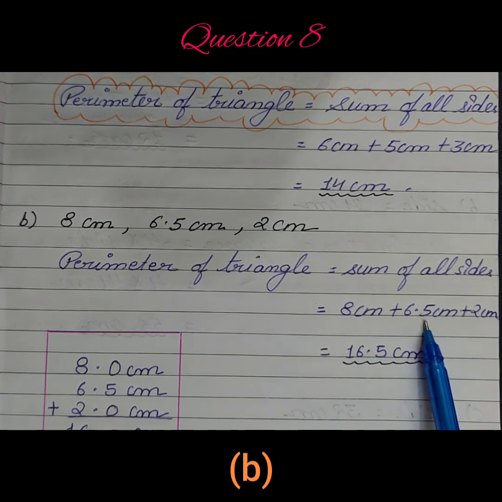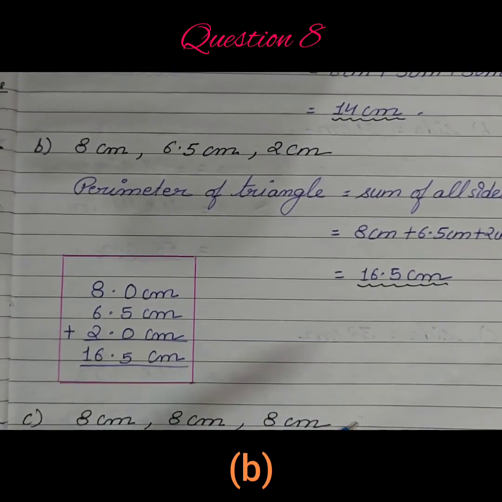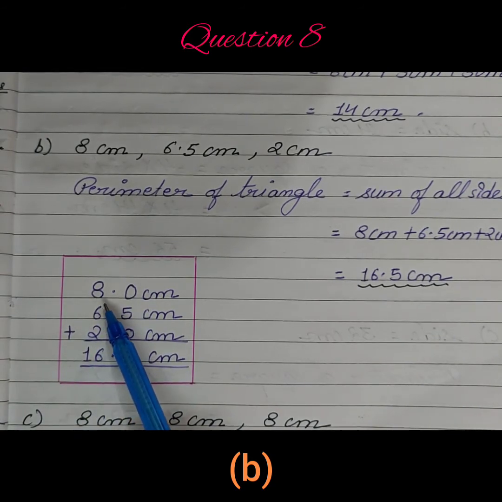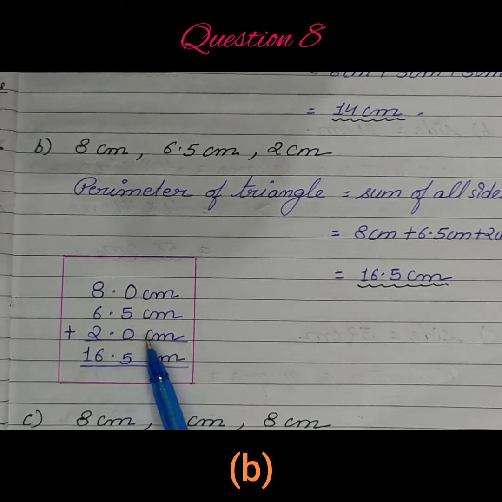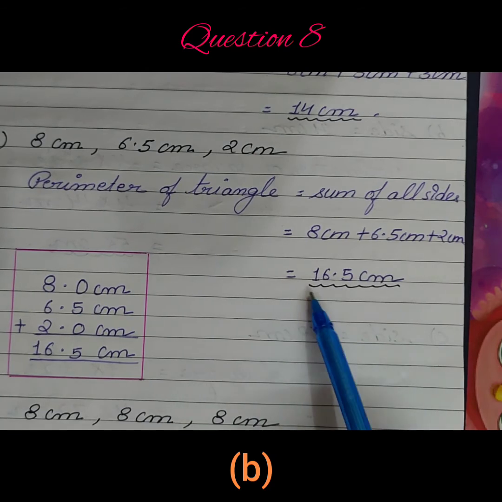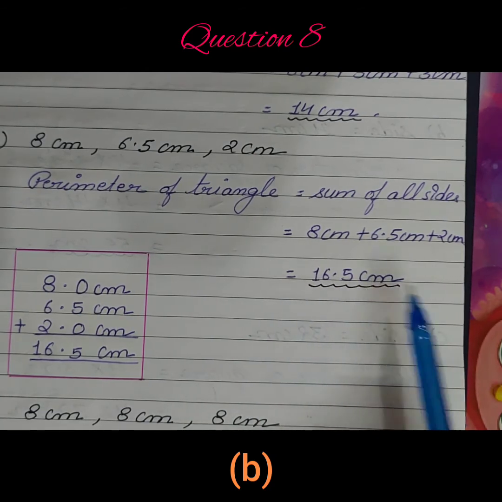In this, one side is given in decimal. So add. I have done the rough work. 8 can be written as 8.0 cm, then 6.5 cm, 2.0 cm. Now add all three, we get 16.5 cm. So by adding all three sides, we get 16.5 cm.